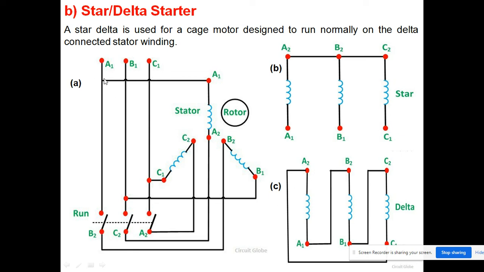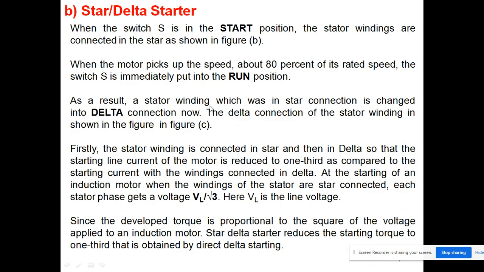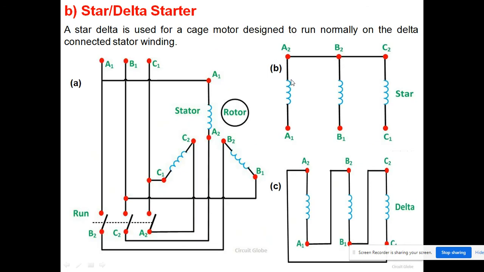When I start first, my three-phase supply is attached in the form of star connection. It means A1 to A2, C1 to C2, and B1 to B2 are connected now in the star connection form. Is it okay?